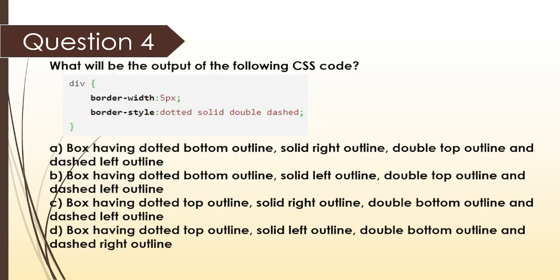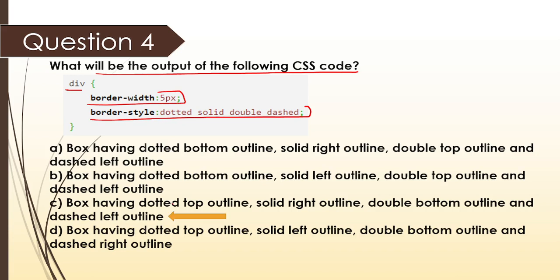So next question is, what will be the output of the following CSS code? Here we have one CSS code given and you have to find out its output. First is div, meaning division, border-width 5 pixel, border-style dotted solid double dashed. Let's go directly to the correct answer, that is the box having dotted.